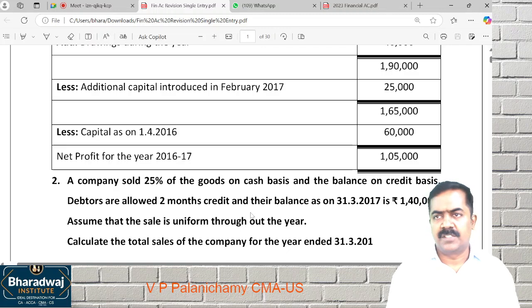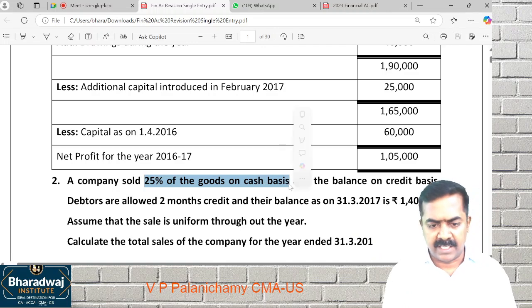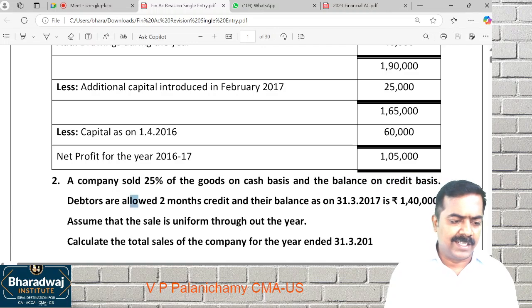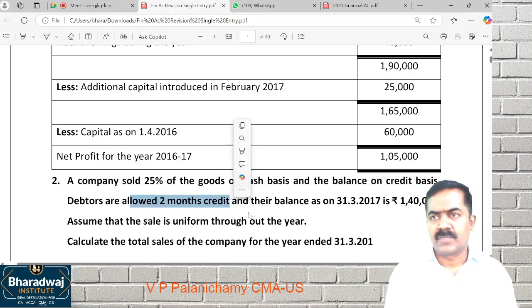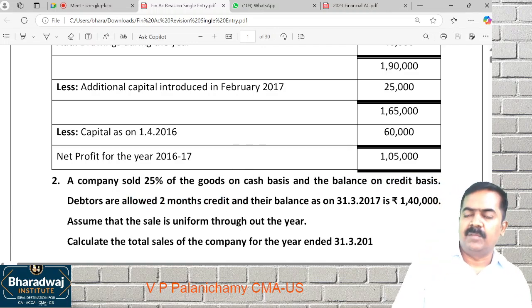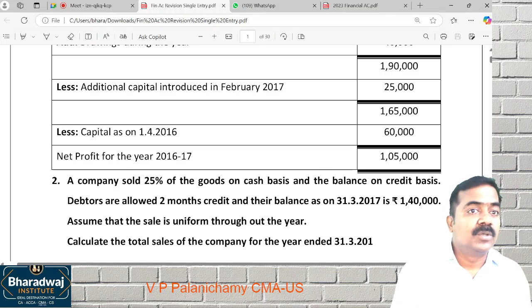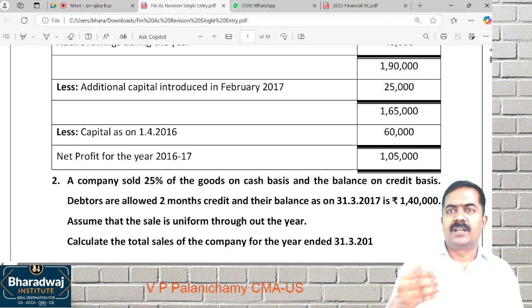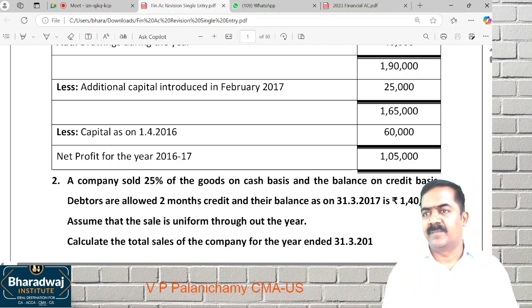Look at this question. Just look at the display. A company sold 25% of the goods on cash basis, balance on credit basis. Debtors are allowed 2 months credit, which means anytime we are allowing 2 months credit to the customers, so 2 months' sales will be outstanding.